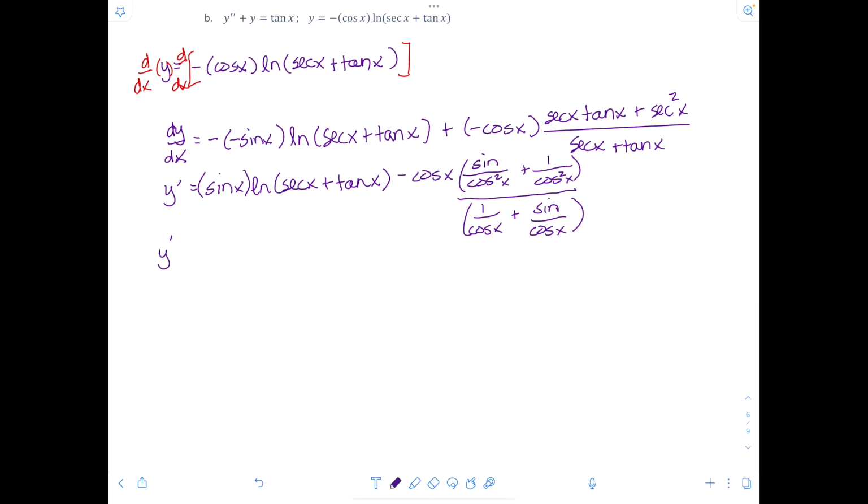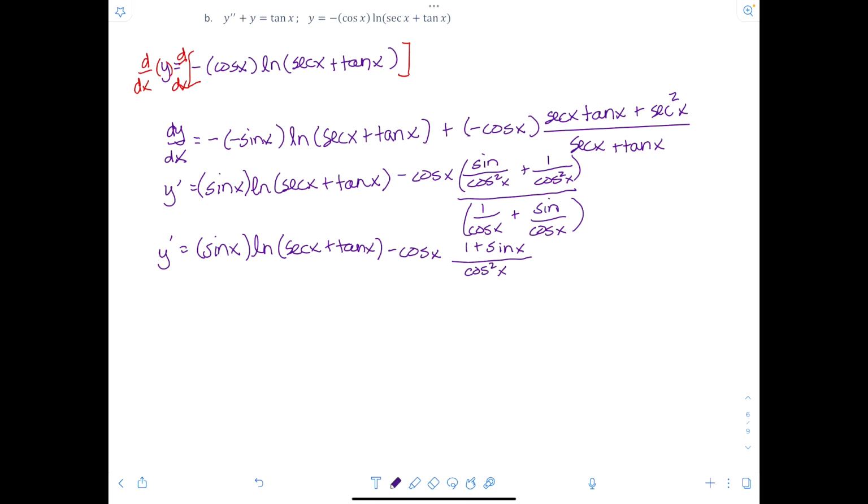So we'll have y prime is sine x times natural log of secant x plus tangent x. Now, if I go ahead and bring these terms together, I'll have minus cosine x times 1 plus sine x over cosine squared x.